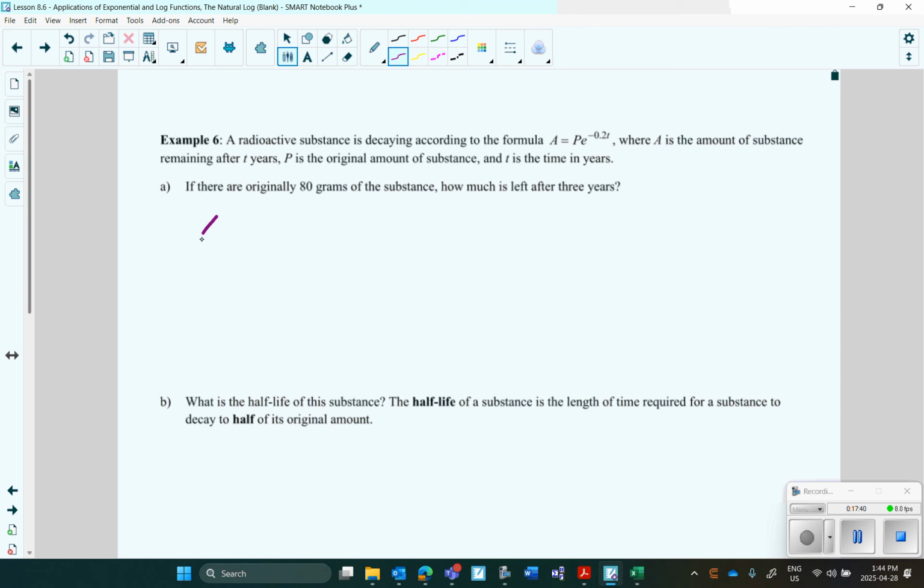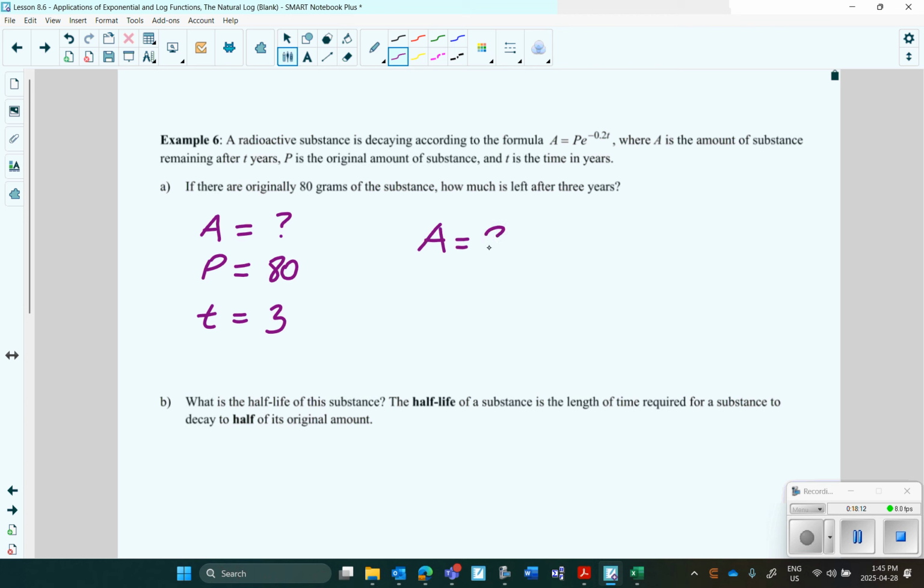So again, A, P, R were actually given, so I don't have to worry about it. T. What's the unknown? A. Which means P must be 80 and t must be 3. So this is going to be like a straight calculation.